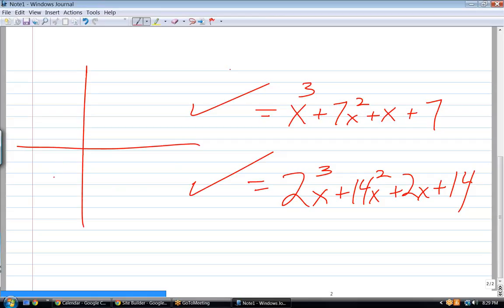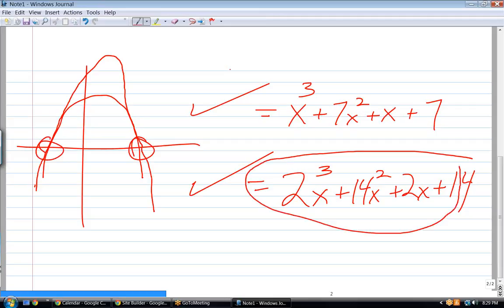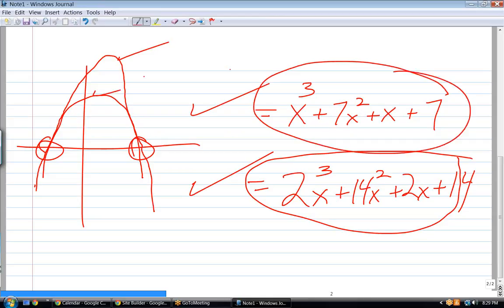Suppose they were quadratics. You might have one quadratic like that, and another quadratic like that. Same zeros, but different functions. In other words, if I plot this, it might end up looking like that one if it was a quadratic. If I plot this, it would look like the smaller one. So just because the zeros are the same doesn't mean that the polynomials are the same.